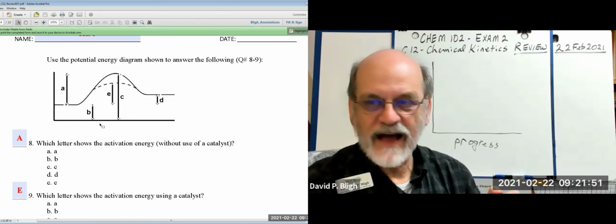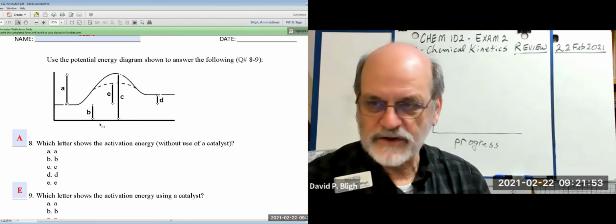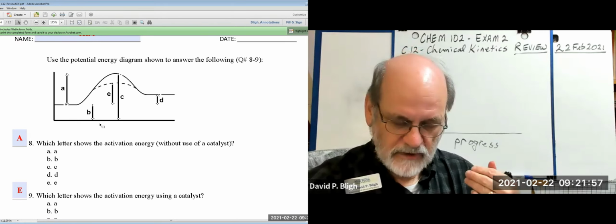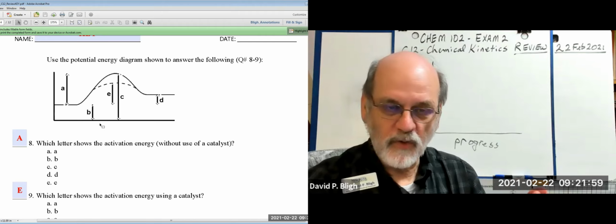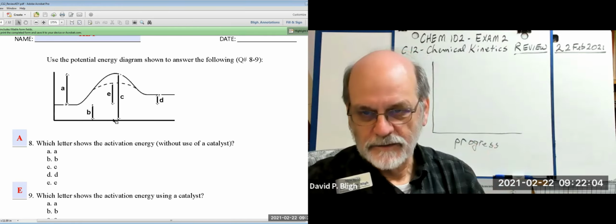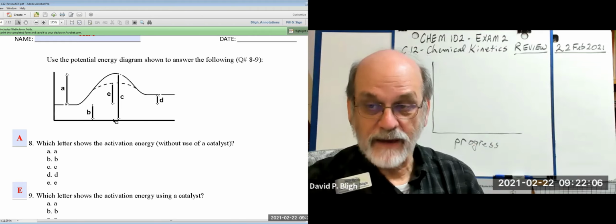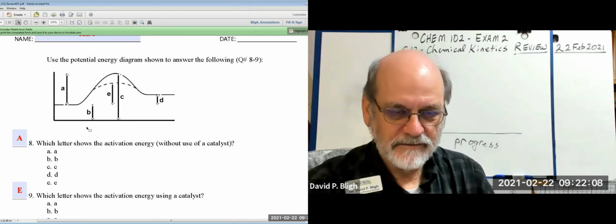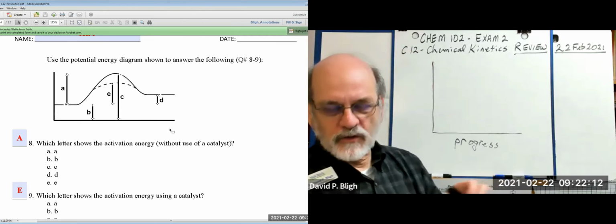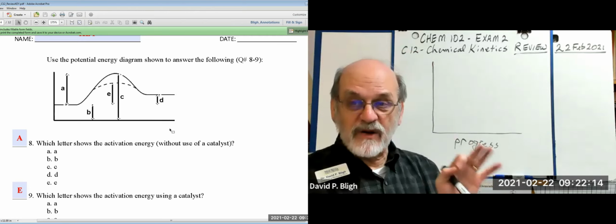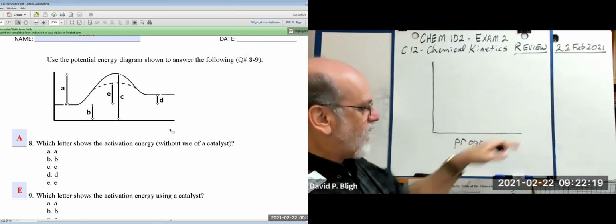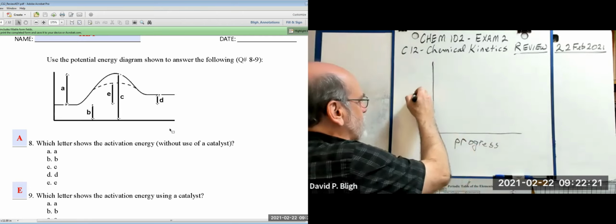Of course, that flies in the face of everything I've been telling you about your lab reports: all graphs must stand alone. But this is an exam practice, and indulgences must be made. What we're trying to do is see if you recognize the appearance of this graph. So that's progress, and this is energy.